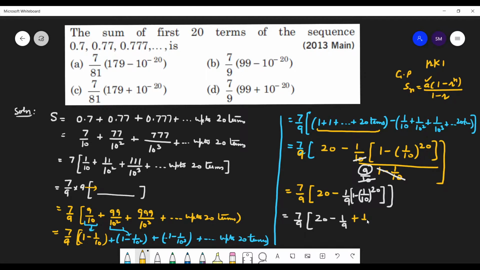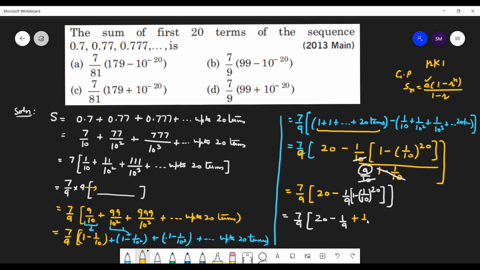Yes, sir. And now you can solve them. So 7 by 9 into 179 upon 9, because 180 minus 1, plus 1 by 9 into 1 by 10 raised to the power 20.